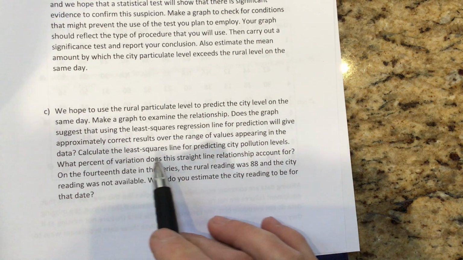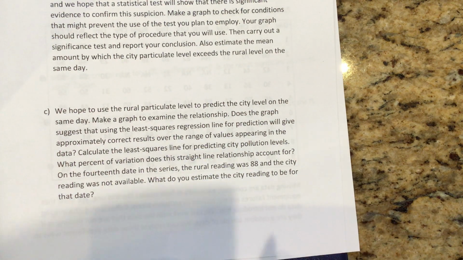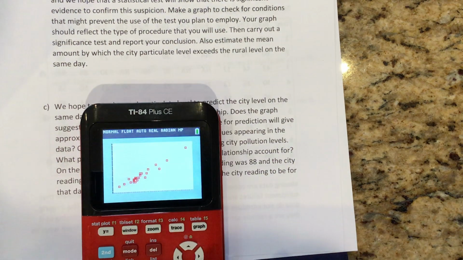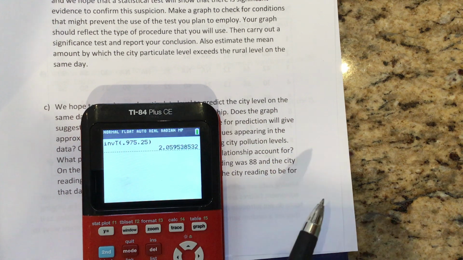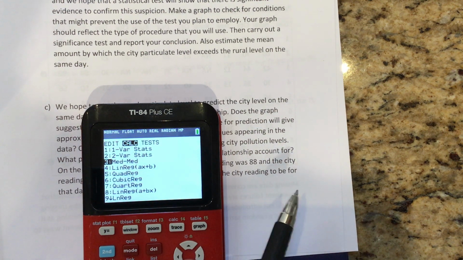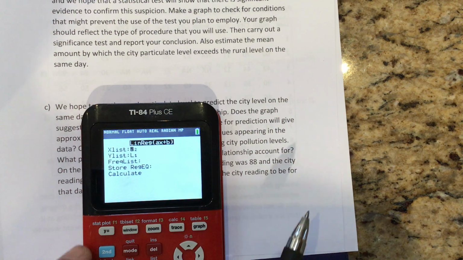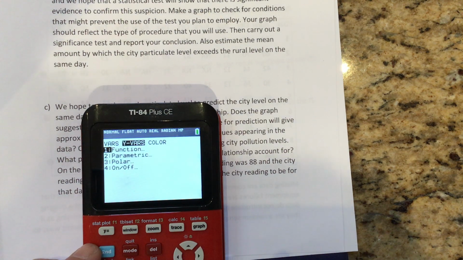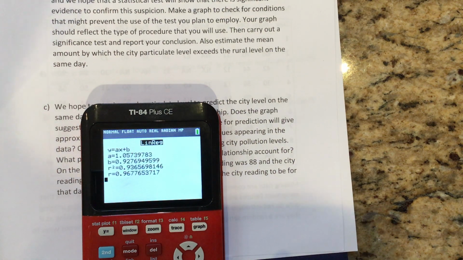Now let's calculate the least squares line. Okay, stat, LinReg. Let's see, list 3, list 4. And yeah, let's go ahead and store that. And there we go.